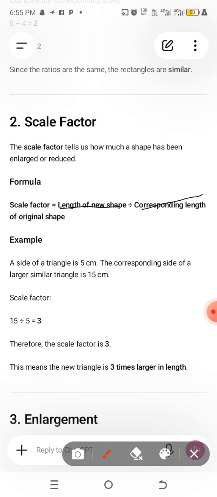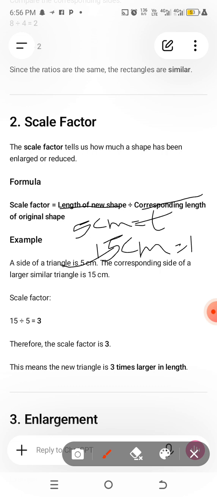Let's say we have a side of a triangle to be 5 centimeter. The corresponding side of a large similar triangle, let's use big T, is 15 centimeter. To get the scale factor, you must take big T over small t.